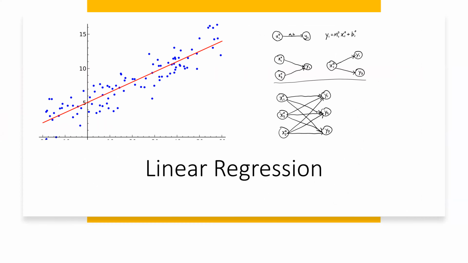You guys probably have heard of linear regression. Given a data set with a list of inputs x, each of which are real numbers, corresponding to a list of outputs y, we want to find the line of best fit.